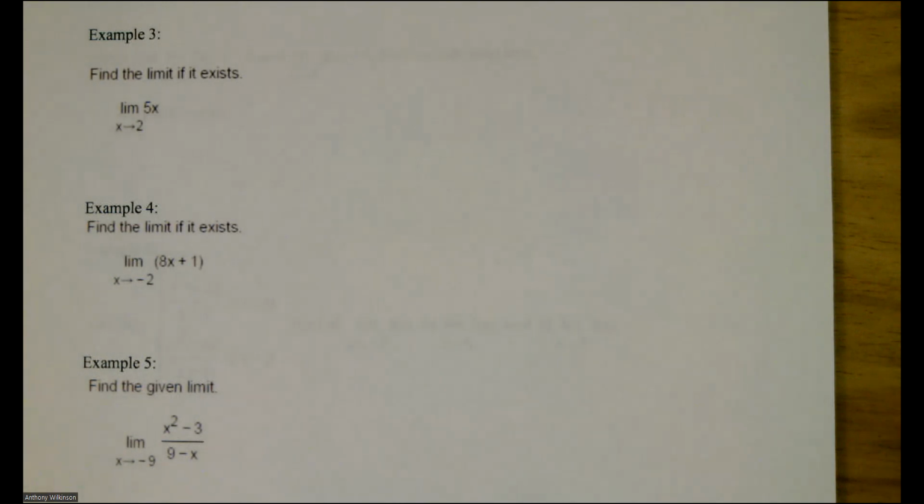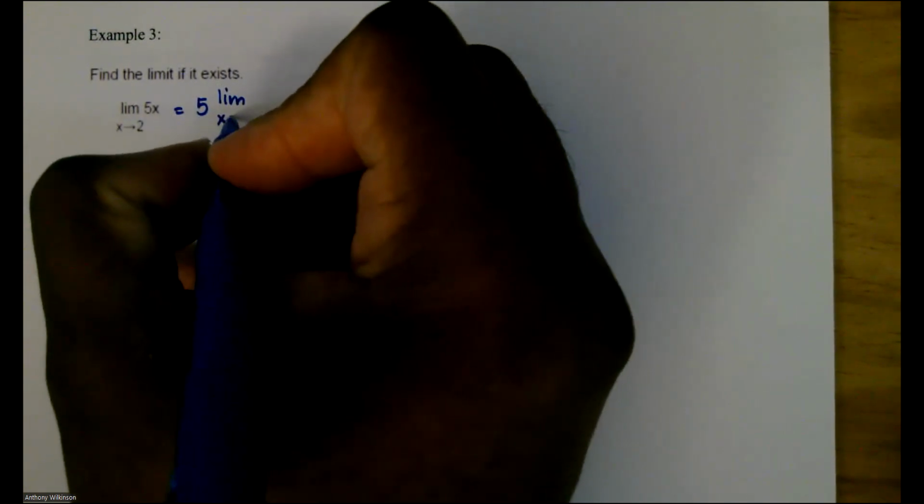Let's say I want to find the limit, if it exists, of this function. The limit as x approaches 2 of 5x. Now I'm going to use the property where I can take the constant of 5 and pull it out in front of the limit as x approaches 2. So this will be 5 times the limit as x approaches 2 of x.